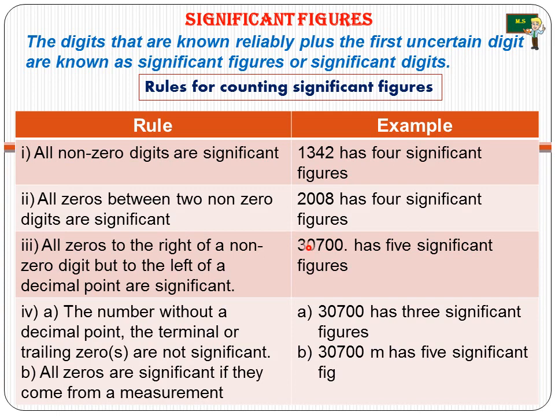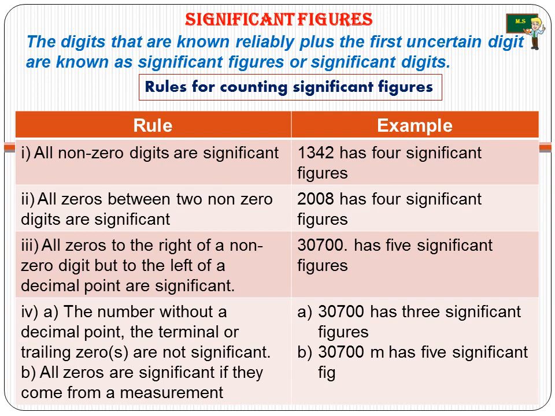That means in 30700 with a decimal point, 3, 0, 7 are the non-zero digits and the other zeros are normally non-significant, but they are to the left of a decimal point, so they are significant, because here there is a decimal point. So it has 5 significant figures. This 30,700 with a decimal point has 5 significant figures.